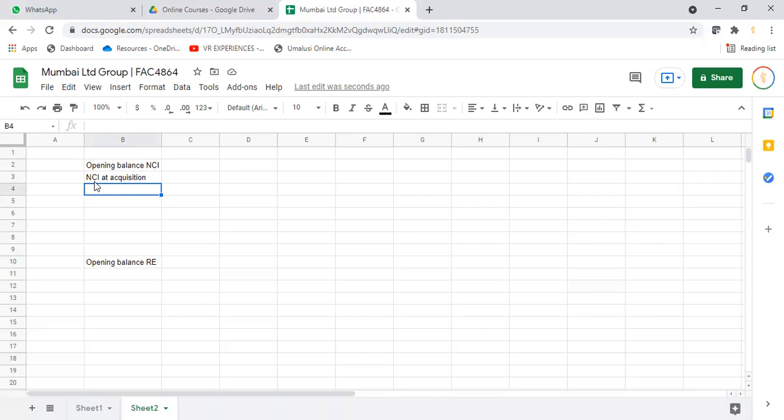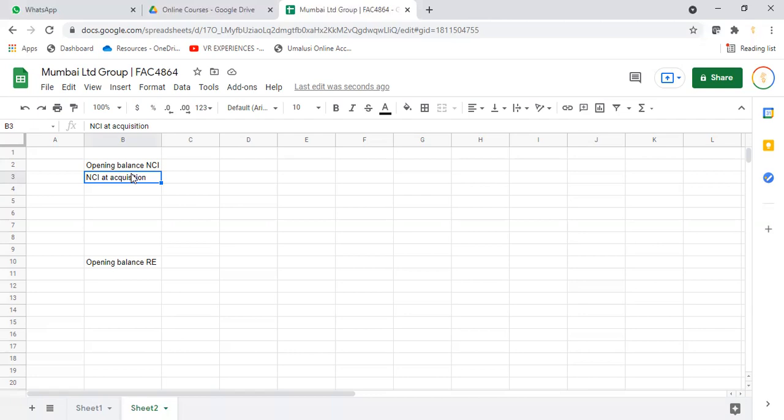If there was no closing balance of the prior year, you can't have an opening balance. So that's important to take note. In this question, we won't add the acquisition of the subsidiary we bought in the current year because it was not there last year. So opening balance must come from balances of the prior year.